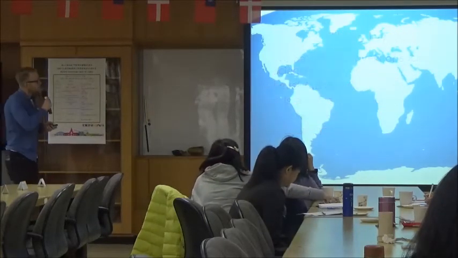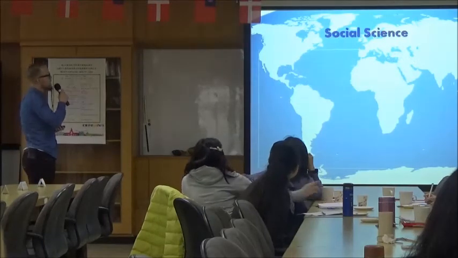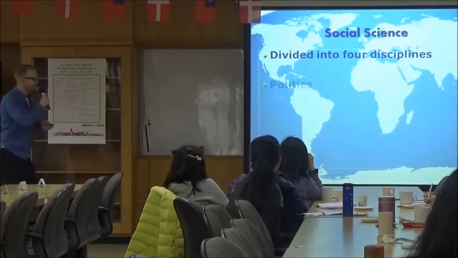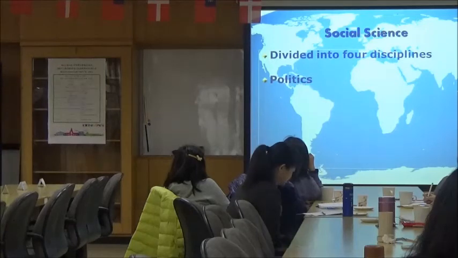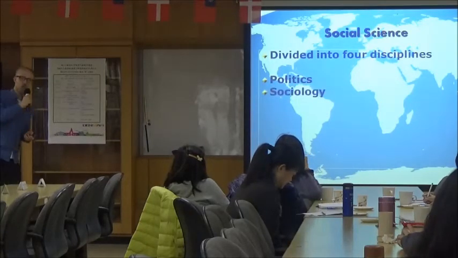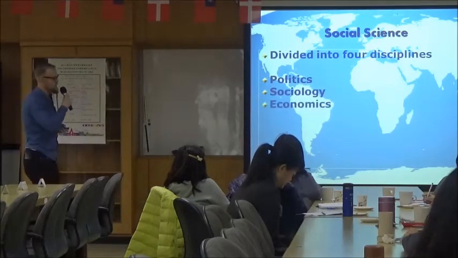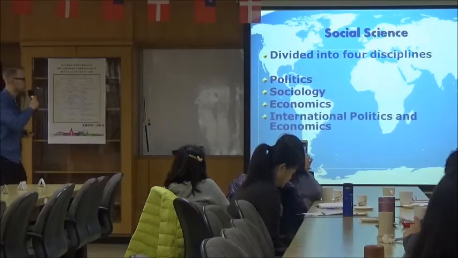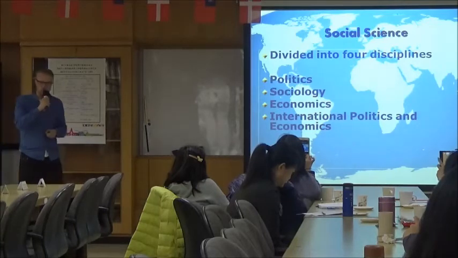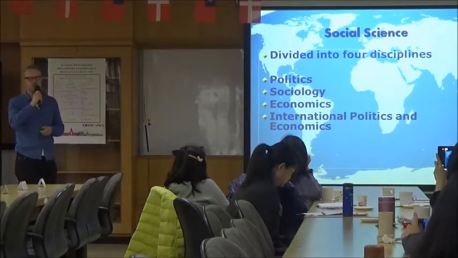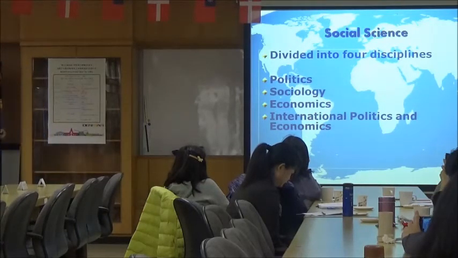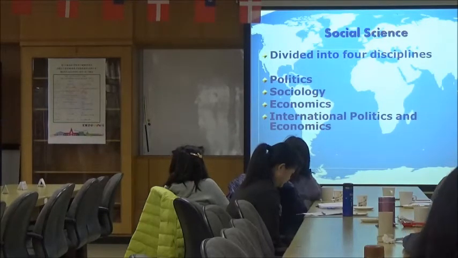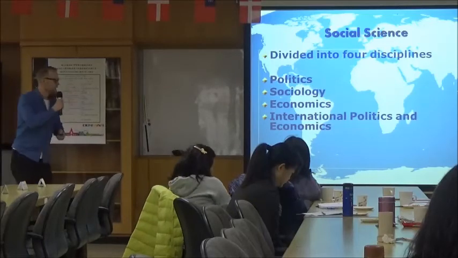So, what do we study? We study politics, we study sociology, we study economics, and of course, and this is the major study field, international politics and international economics. So these are the 4 disciplines that the students must learn when they have been there for 3 years.